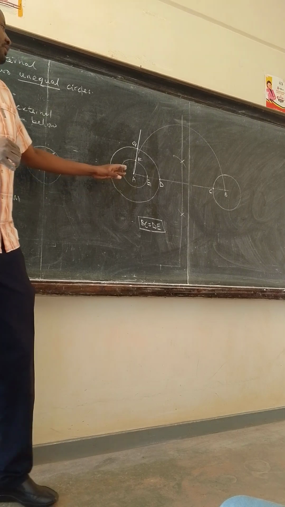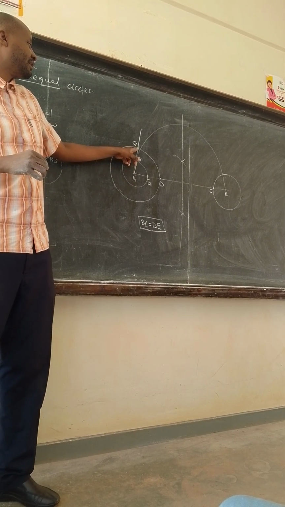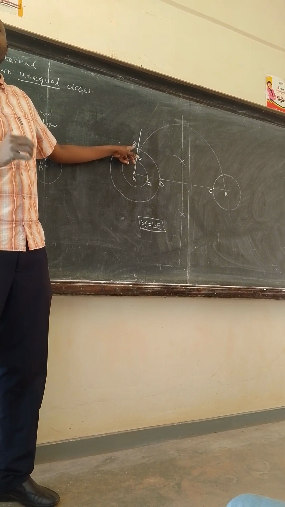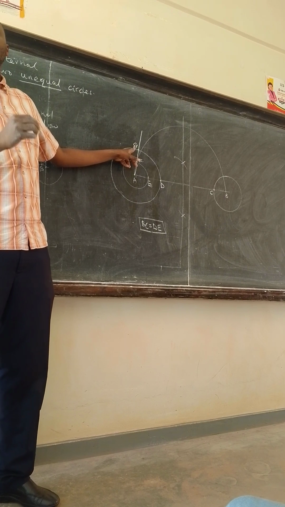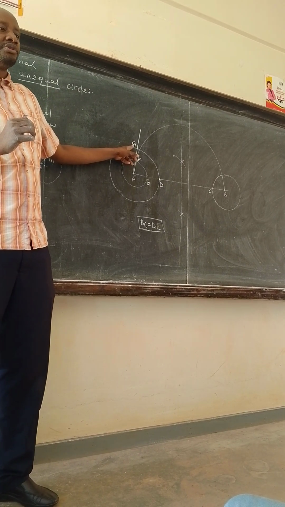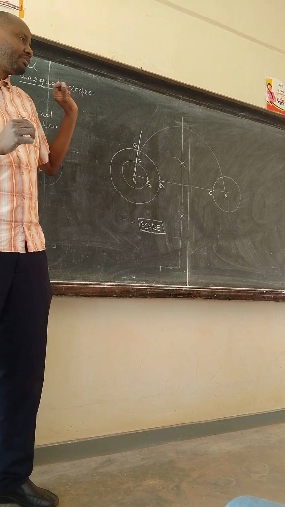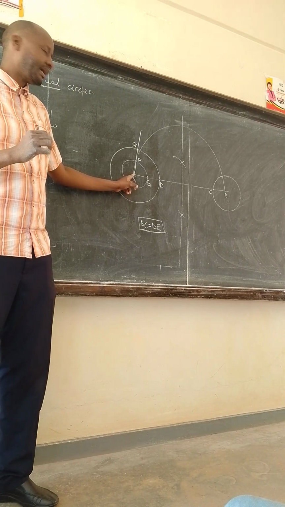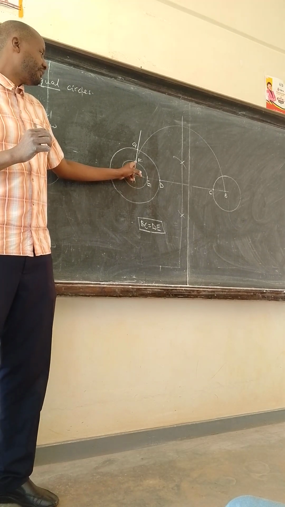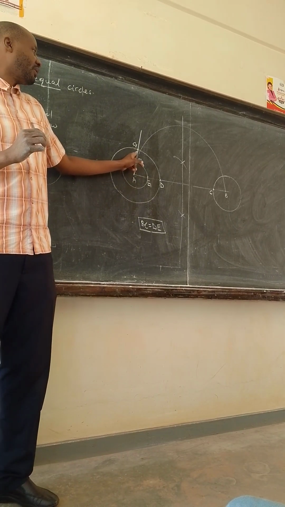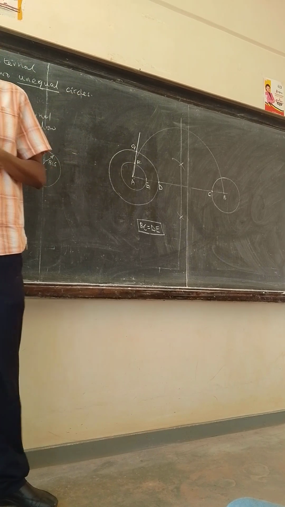When it meets the original circle, the point where they meet is the one I'm calling G. By the way, G is the first contact point. So get a ruler and a pencil. Draw a line from A carefully, passing through F to meet this circle at G.